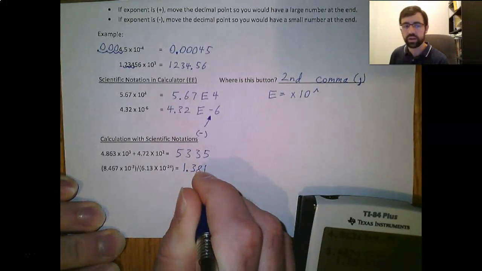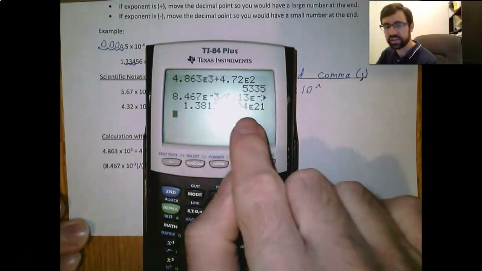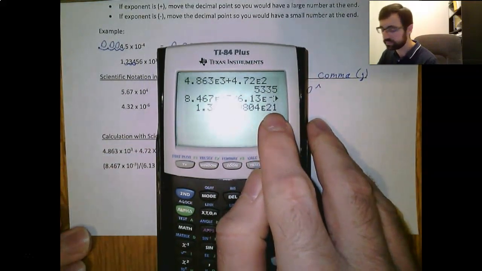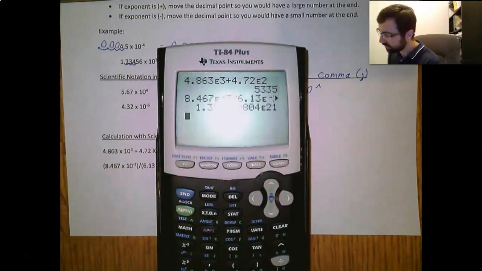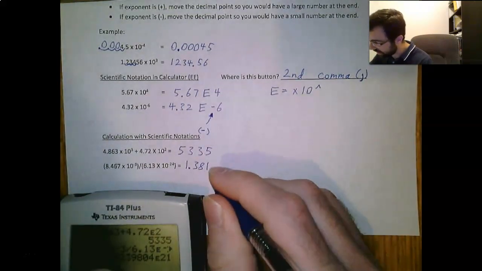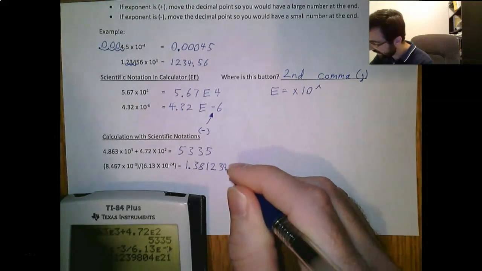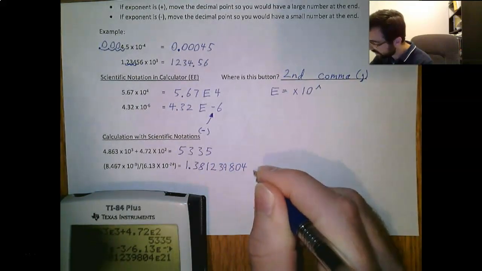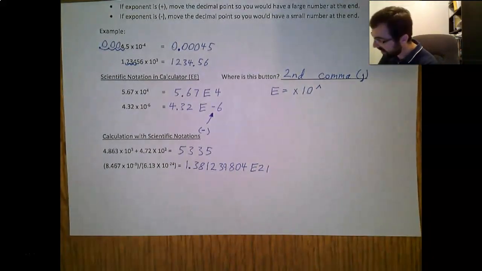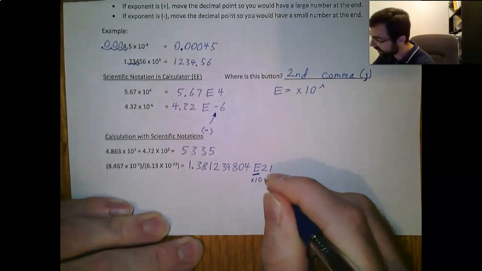1.381, but when you're working with calculations in chemistry, I always want you to check the end of the number. Do you see right here where it's got the E21? Okay? So the calculator, I'll write down exactly what it says. 1.381239804 E21. What that means is this tells us it's times 10 to the power of 21.